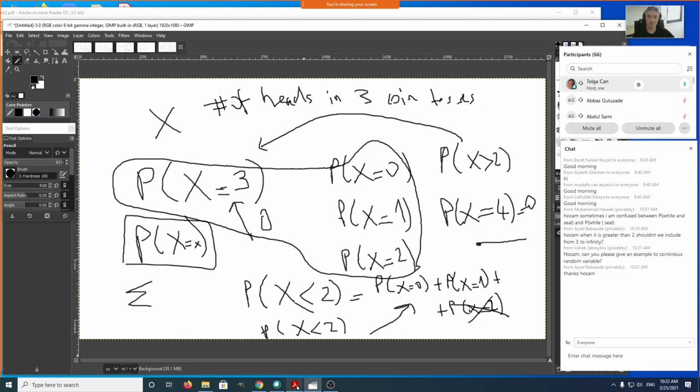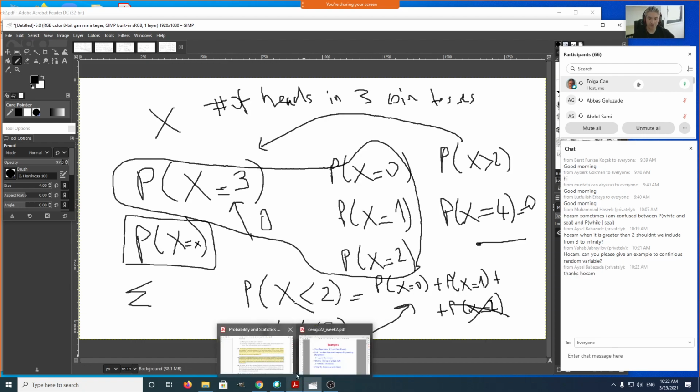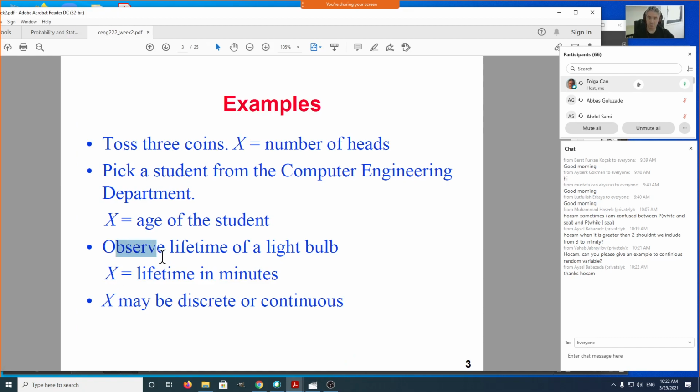A continuous random variable is like the lifetime of a light bulb. For example, observe the lifetime of a light bulb in minutes. Minutes seems like an integer value, but if you allow decimals, for example 13.18 minutes, if you're measuring seconds and milliseconds, that will be a continuous random variable.